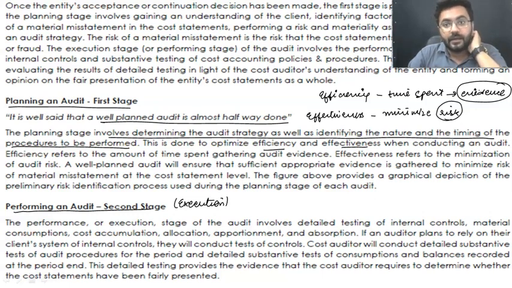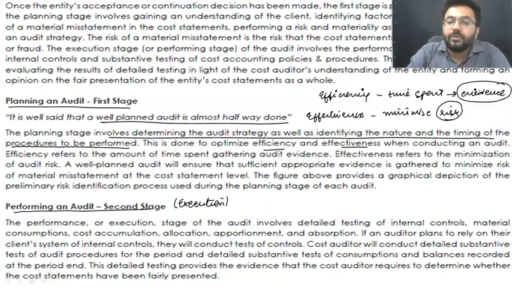That means there is going to be a proper detailed testing of the various internal controls, the material consumptions that you have allocated, that you have finalized, this is my COGS, how you have concluded them. That is something which they are going to find out, whether the various kinds of internal controls which you have are up to the mark or not.